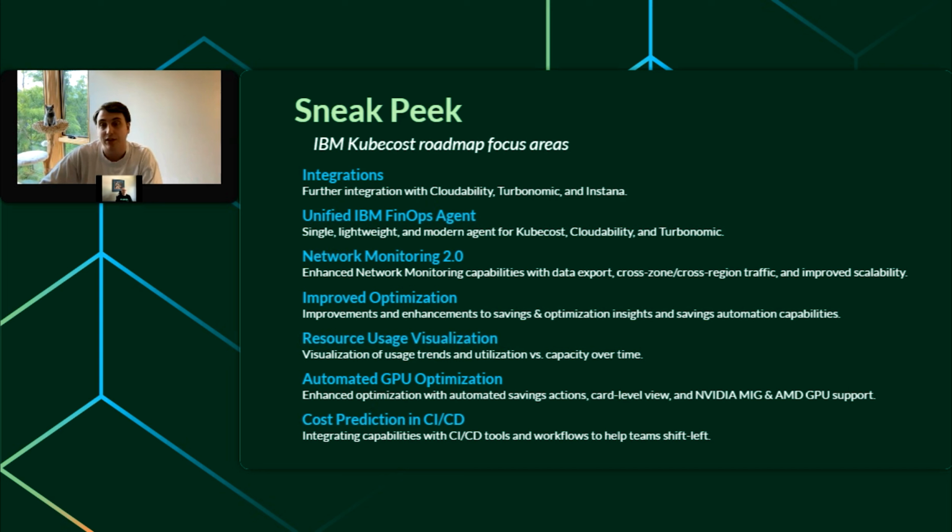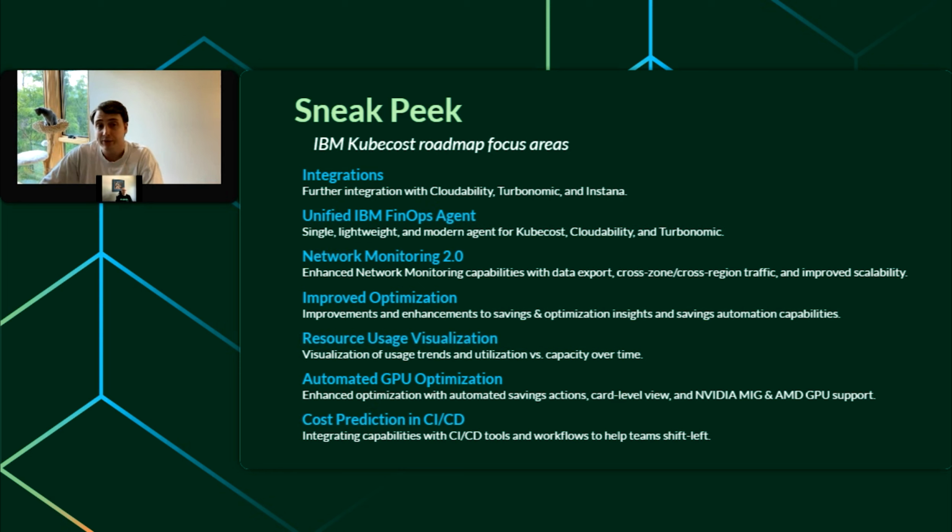If you're just a Kubecost customer and you're like, hey, I don't really care so much about the unification with Cloudability and Turbonomic, well, that's okay. You'll get a ton of value from this as well, because this new agent will be Prometheus-less, lighter weight, and easier to manage. So I think that's a pretty cool thing.